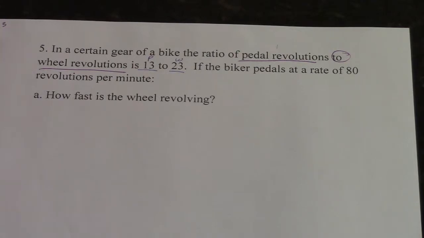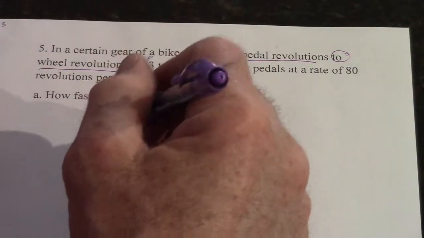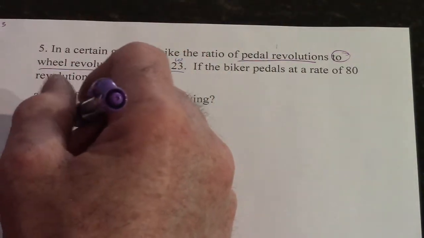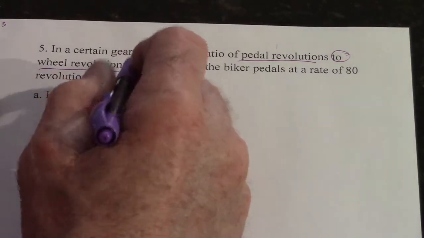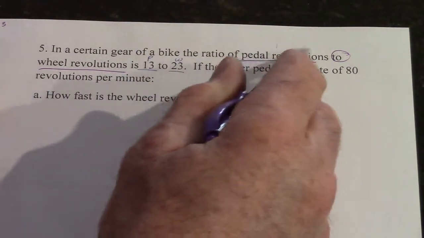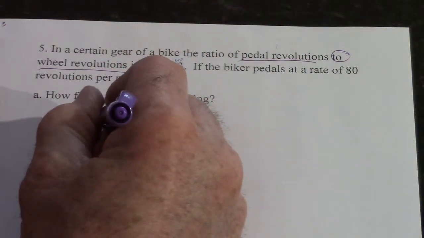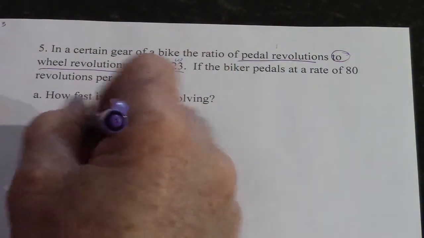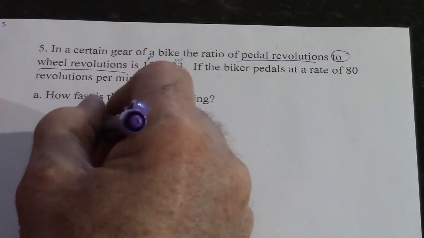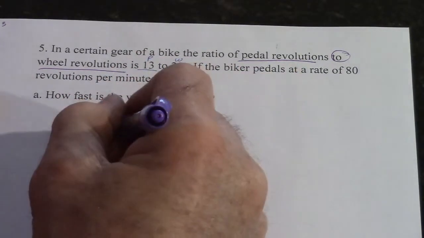So if the biker pedals at a rate of, it tells us first that pedal revolutions to wheel revolutions is 13 to 23. So I'm going to write 13, that's pedal, to 23, that's wheel revolutions.